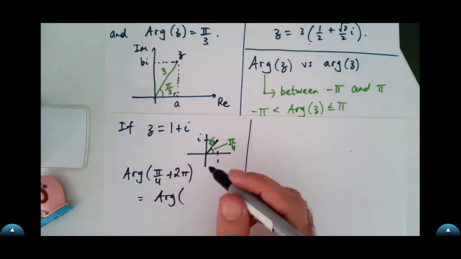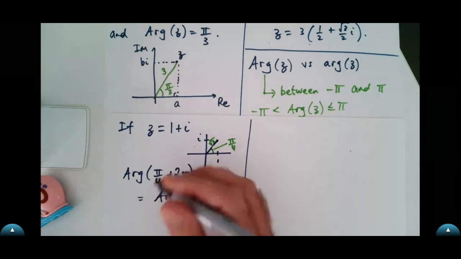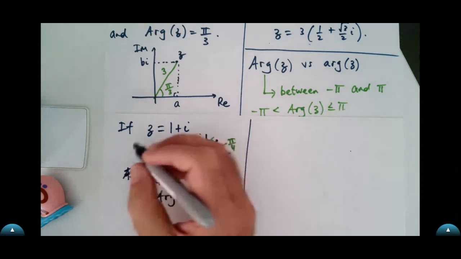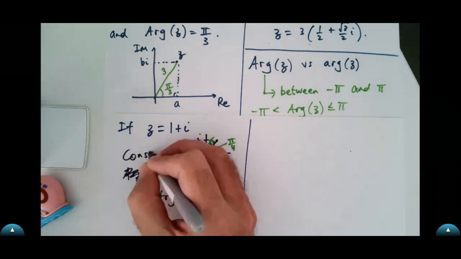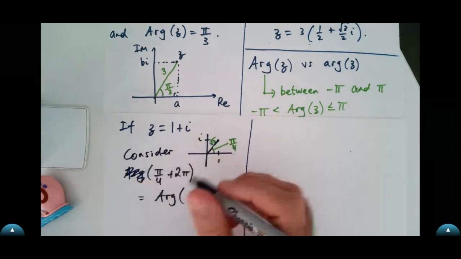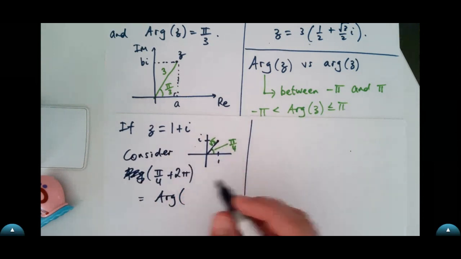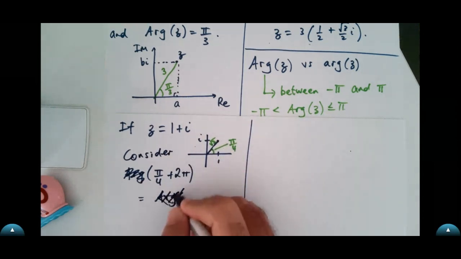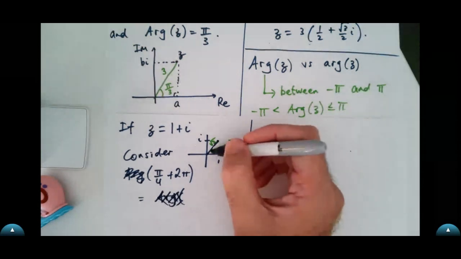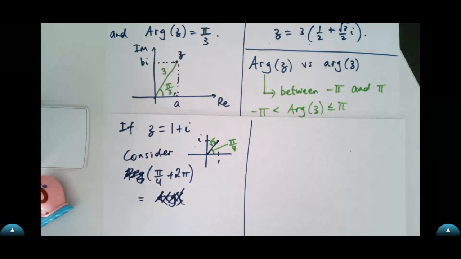Sorry, hang on. Consider, yeah, it's not writing that very well. So if you go out there and then do another loop, you actually get back to the same complex number, right? It's the same complex number.